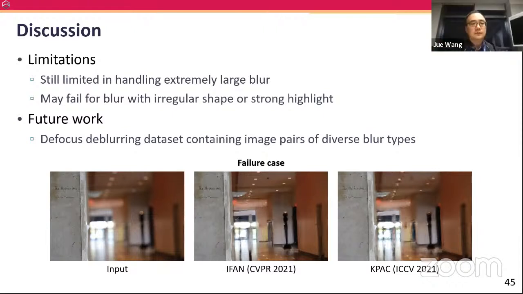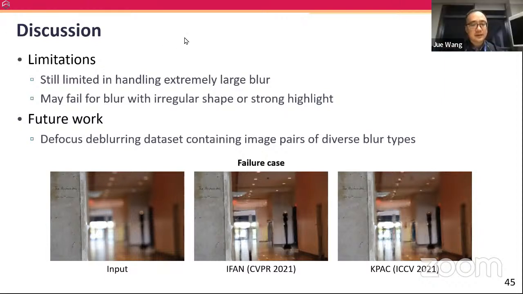I think we need some specific mechanism or component that employs the deep network to explicitly handle those highlights. Without that, it will be very hard to handle highlights.